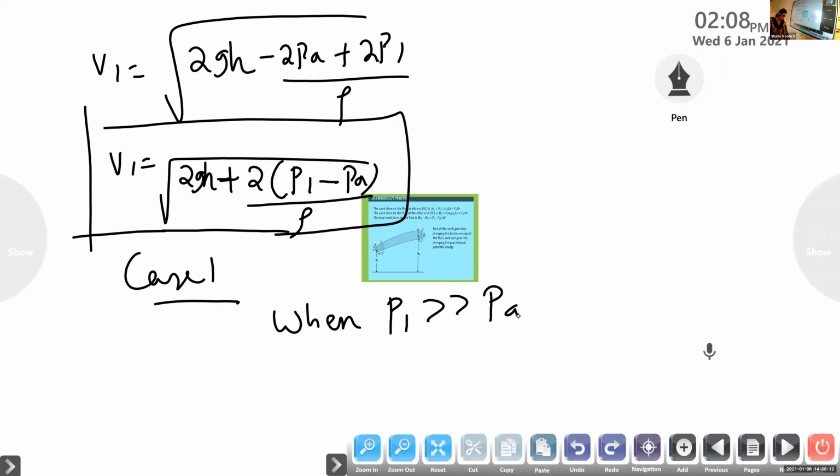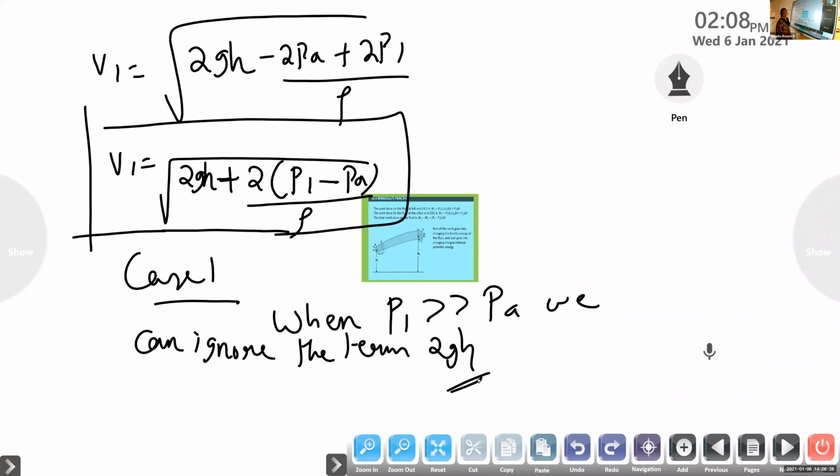That's the reason. When P is very much greater than PA, we can ignore the term 2GH, because the height is the difference between the open and the closed side. So that height term is not coming, and atmospheric pressure is negligible.